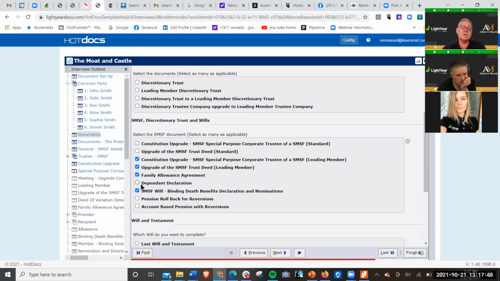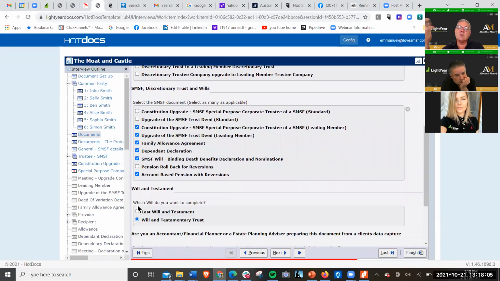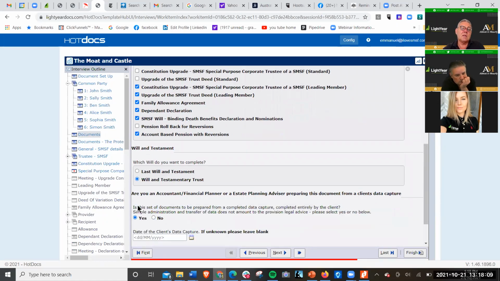Simon's probably already in there as well, doing a reverse dependent declaration. And with the reversion, Sally, I'd go in and do an account-based pension with a reversion. So I'd add probably either John or alternatively Ben, and if it's Ben, obviously he has to take a commutation, then following on for Sophia or Alice.